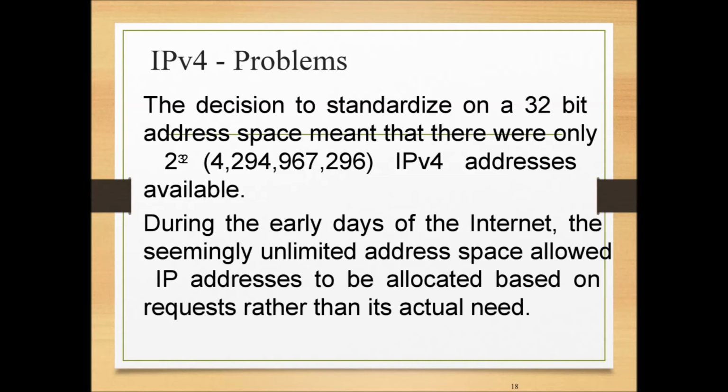So this is basically the number of IPv4 addresses which can be used at the same time to connect devices. Let's suppose there are 10 lakh, 20 lakh, 30 lakh, 40 lakh and so on devices on the internet at the same time; all these devices must have unique IP addresses.